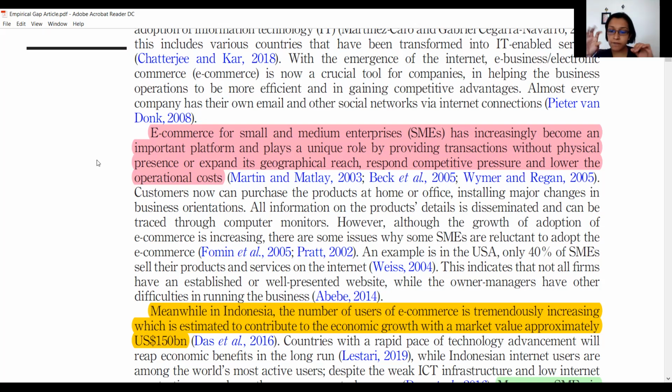So it first emphasizes the benefits that SMEs can obtain through applying e-commerce. You see how we enter into the problem.